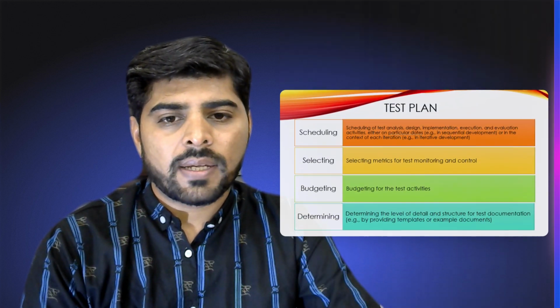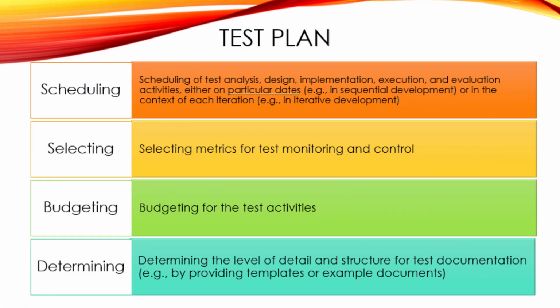We also do scheduling of test analysis, design, implementation, execution, and evaluation activities. We also select methods for tests, monitoring and control, budget for the test activities, and determine the level of detail and structure for test documentation.